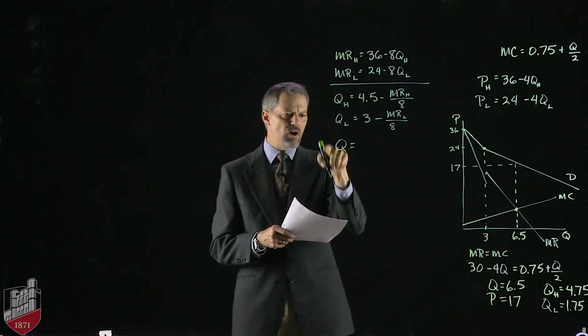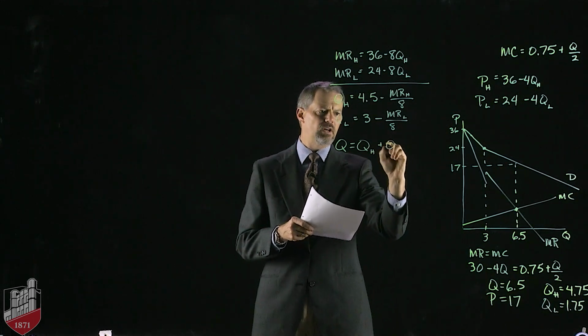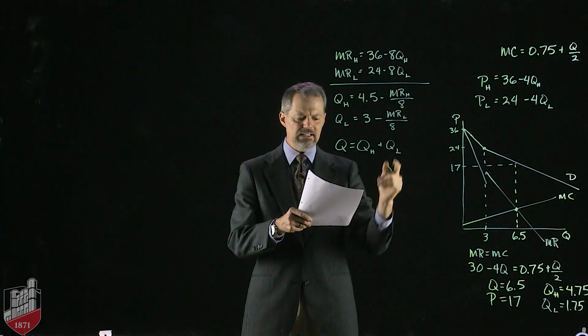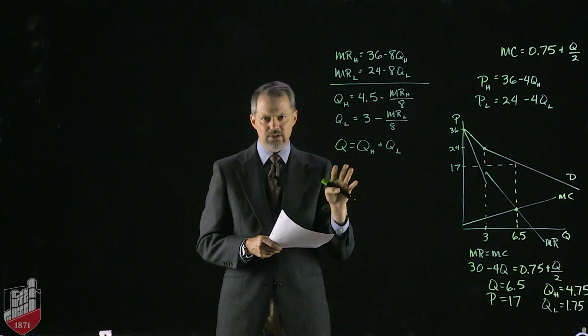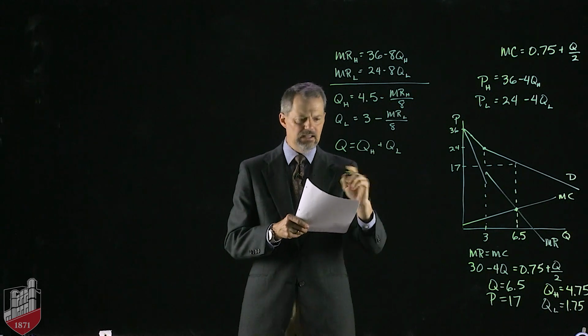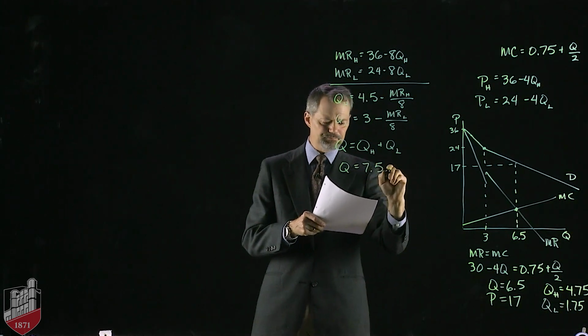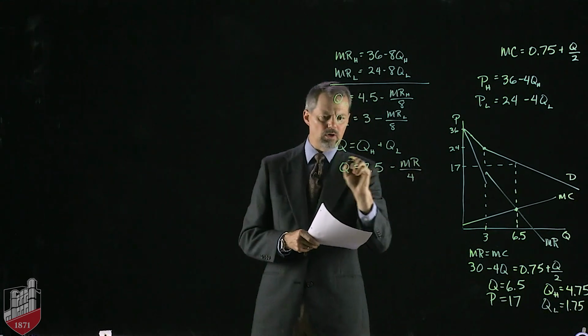Quantity in the market is equal to the quantity in the high group plus the quantity in the low group. We're going to add these two up. I'm going to drop the subscripts on marginal revenue here because I don't care at this point. So we get Q equals 7.5 minus marginal revenue over 4.